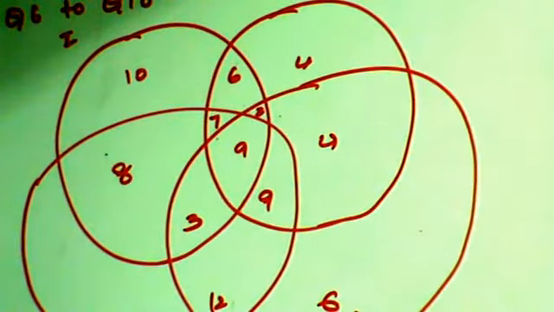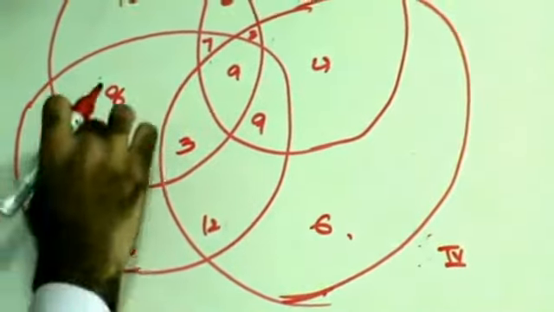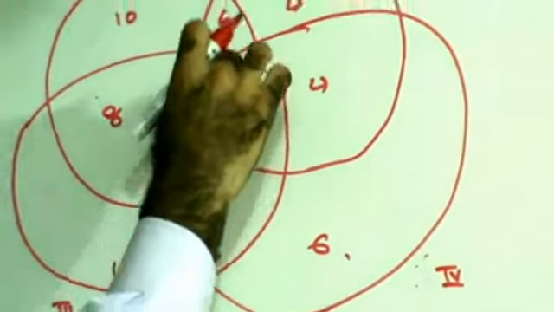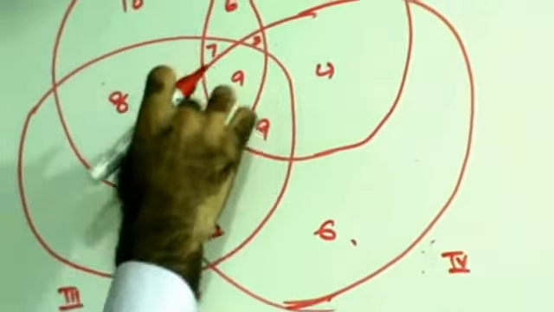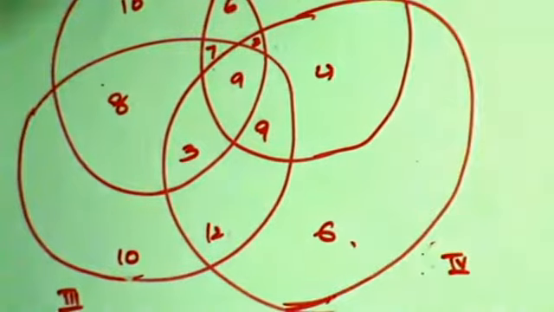People who play badminton. So this is going to be 8 plus 7 plus 8 plus 7 plus 2 plus 9 plus 3 plus 12 plus 10, which should come to 58.